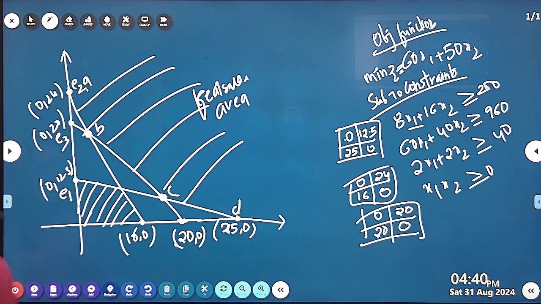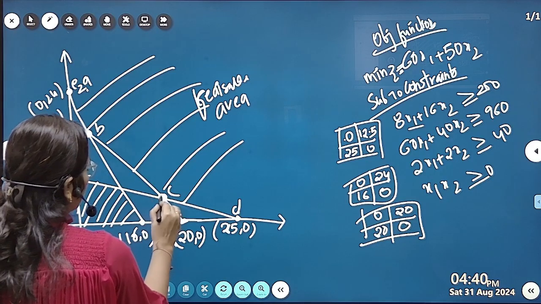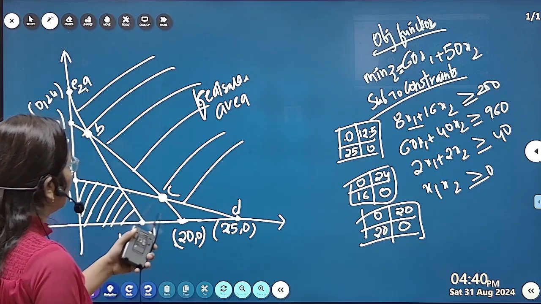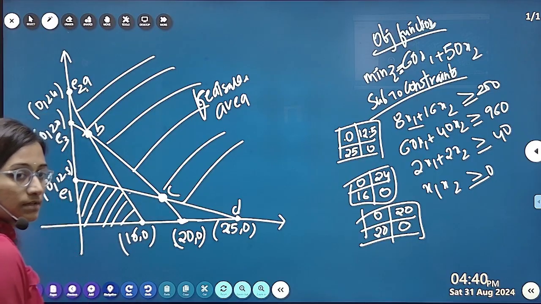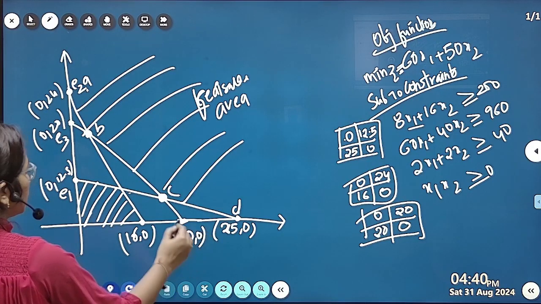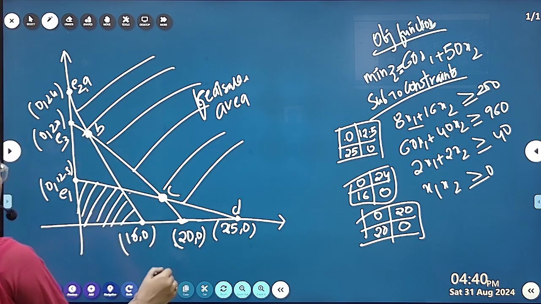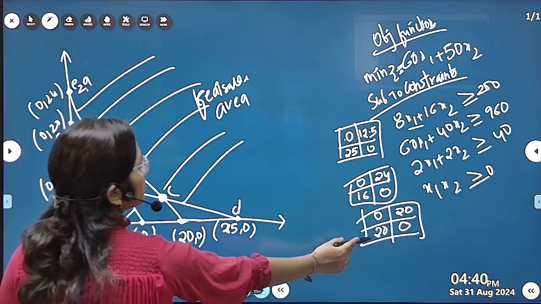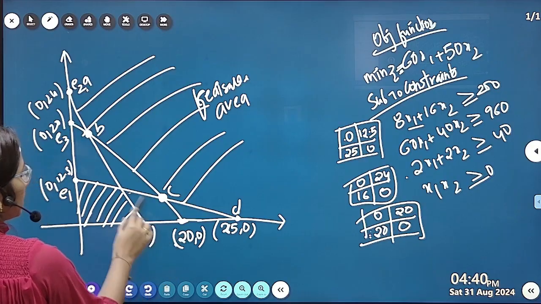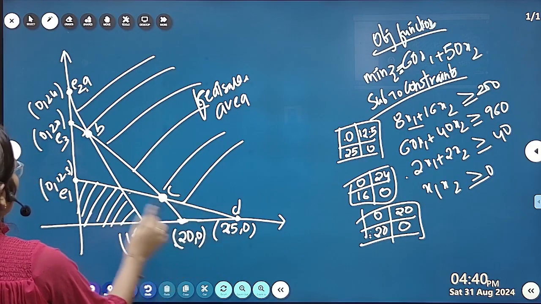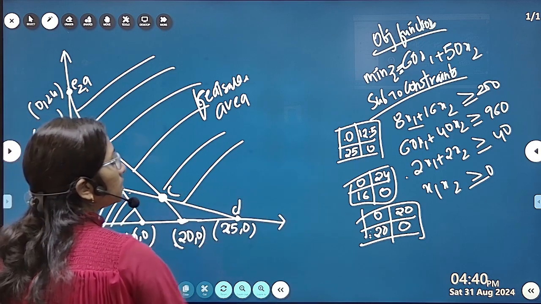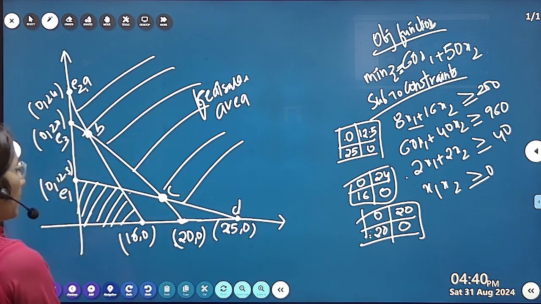Okay. So tell me C, which lines are intersecting at the point C? Equation 2x1 comma 2x2, and another equation 0 comma 25 and 0 comma 12.5, that means equation number 1.